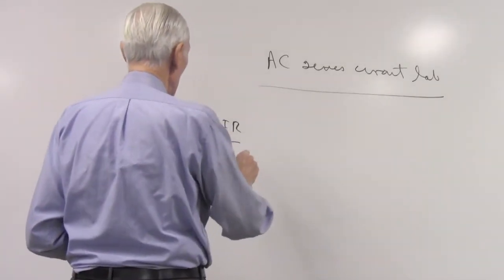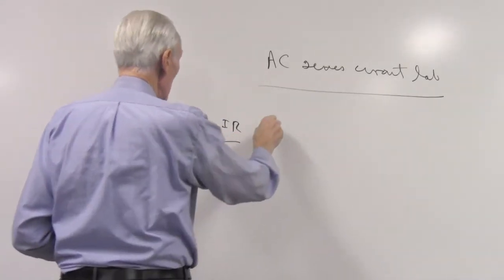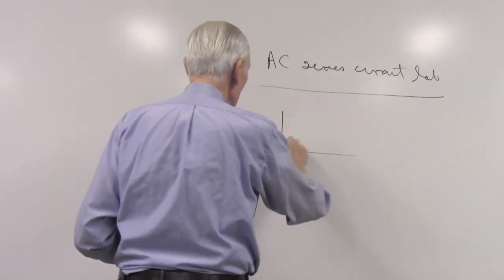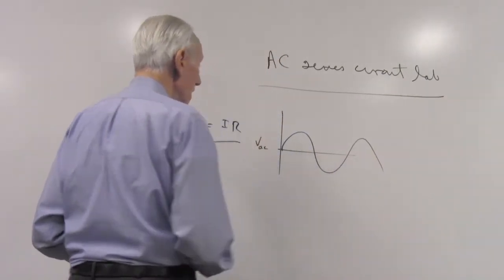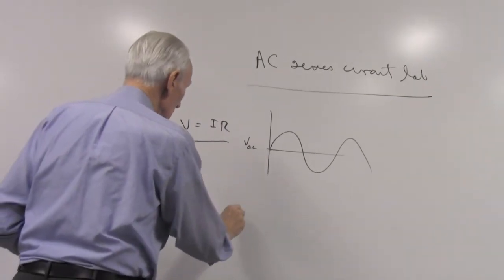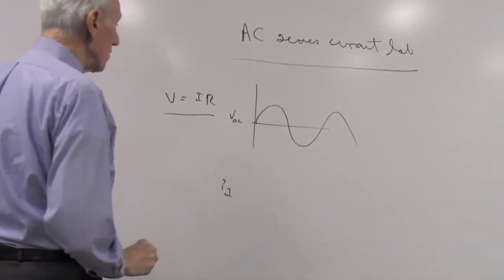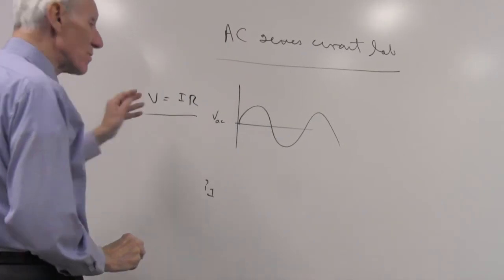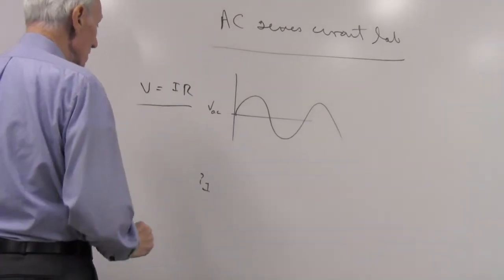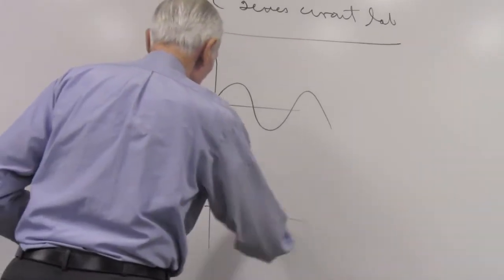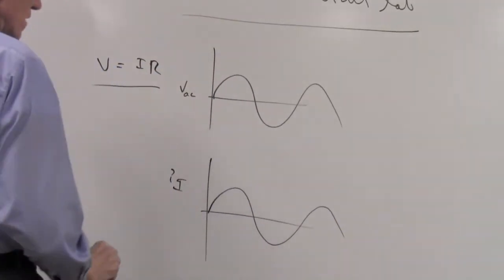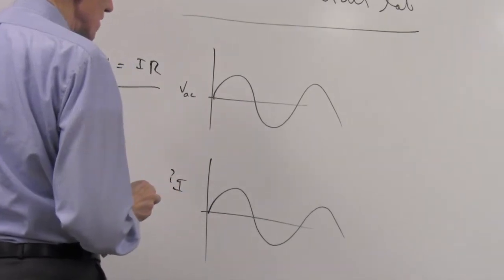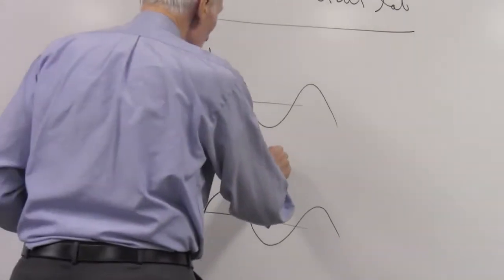So if you have a voltage that looks like this, an AC voltage, the question is, what does the current look like through a circuit with just a pure resistor in it? And it turns out the current looks the same. In other words, the current and the voltage here are what we call in phase.